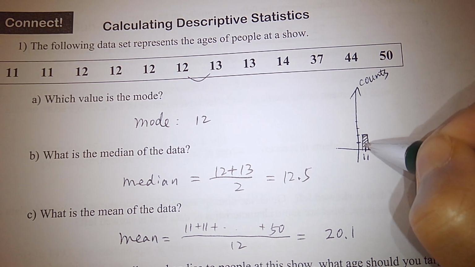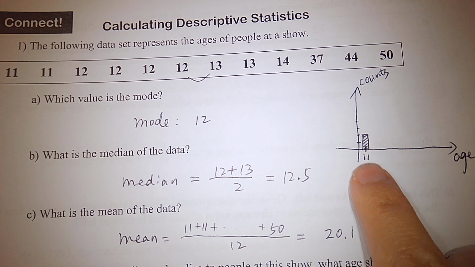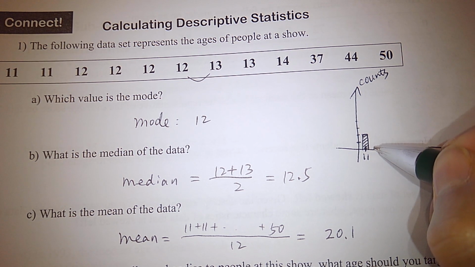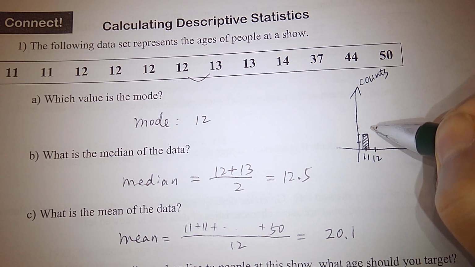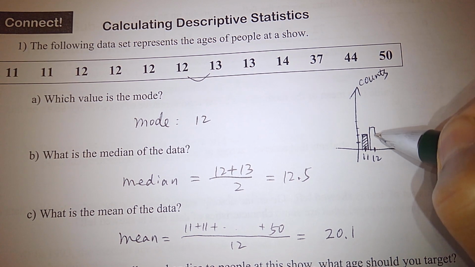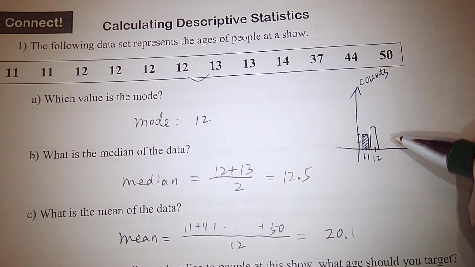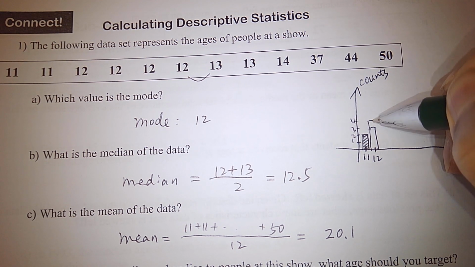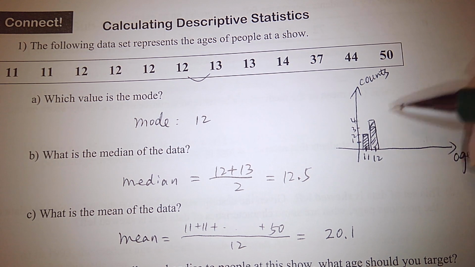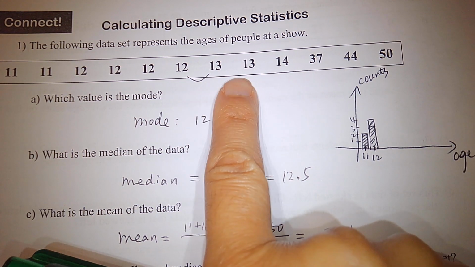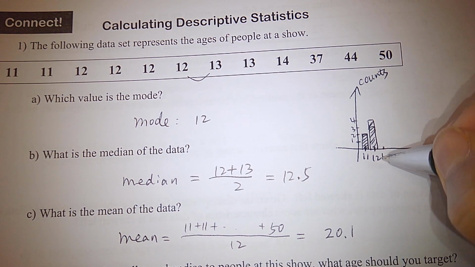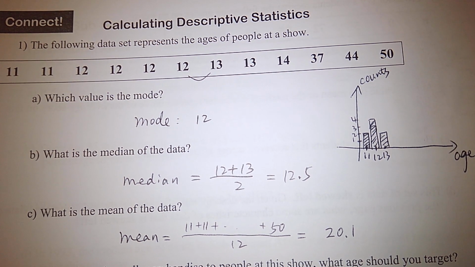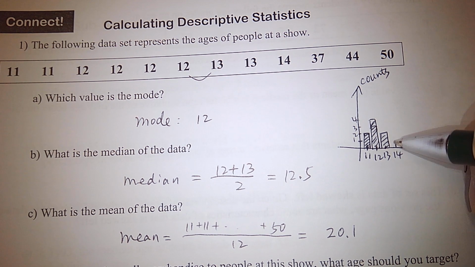If we're going to draw a graph, it's going to look like this. 11 years old, there are 2 people, and then for 12 years old, 3 counts, right? Oh wait, 4. You're right. 1, 2, 3, and 4. So 4 counts, so it's an even taller bar, right? And then for 13 years old, how many counts? 2, right? And 14 years old, there's 1 person, right?